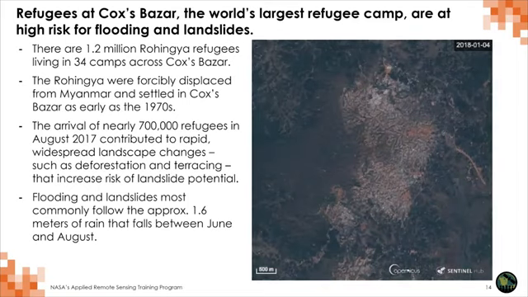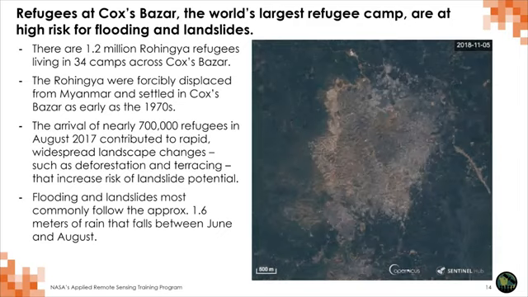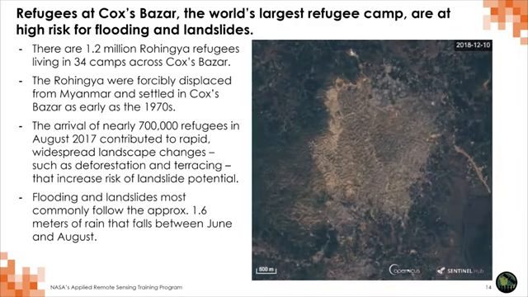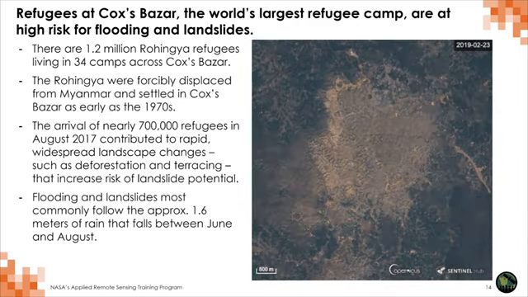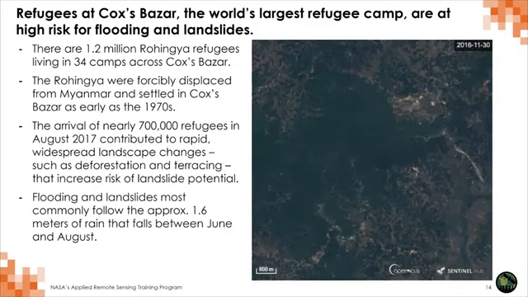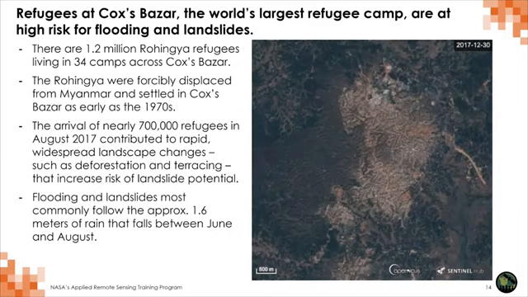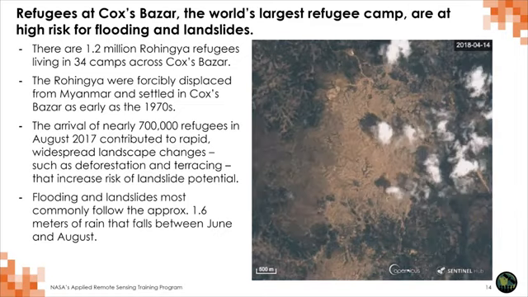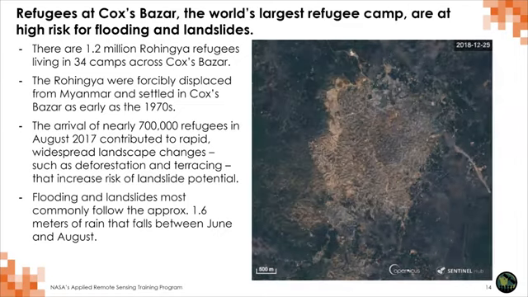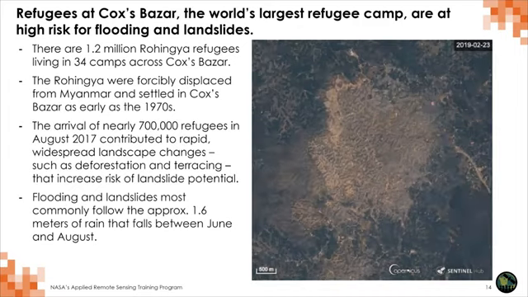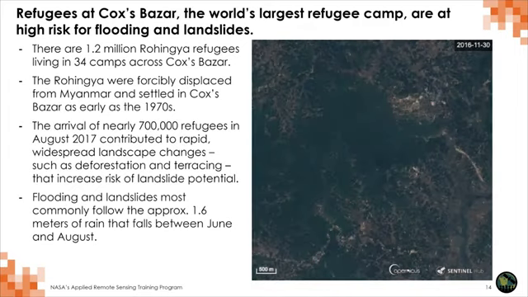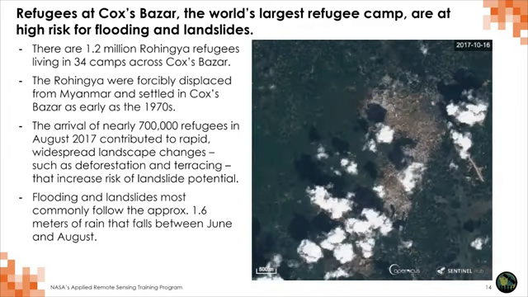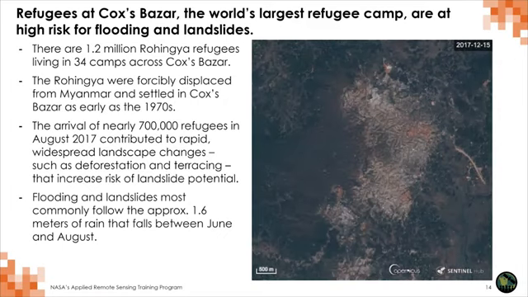However, it was this 2017 arrival of over half of the current population, 700,000 refugees, that led to the kind of phenomenon we see on the right-hand side here, where this large-scale deforestation and land clearing took place to establish new terraces and dwellings for the incoming Rohingya refugees who were fleeing violence and persecution in neighboring Myanmar.